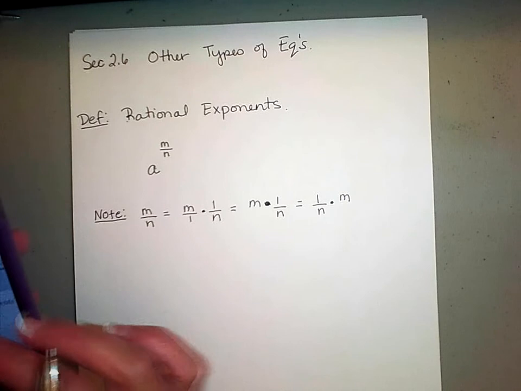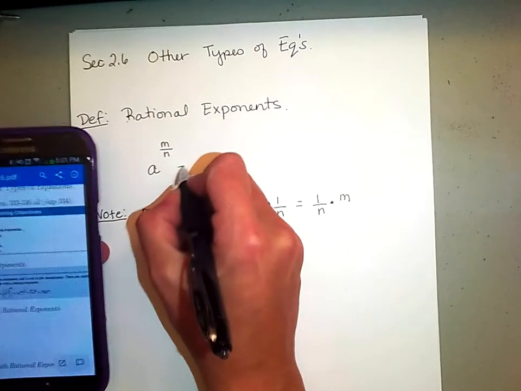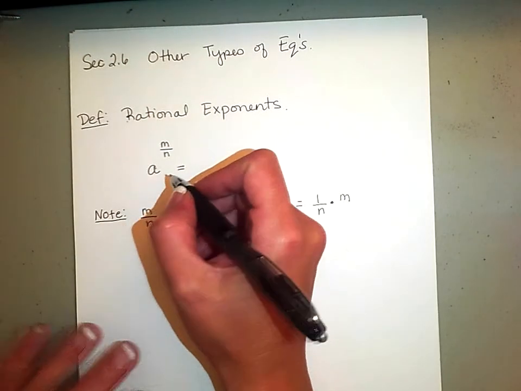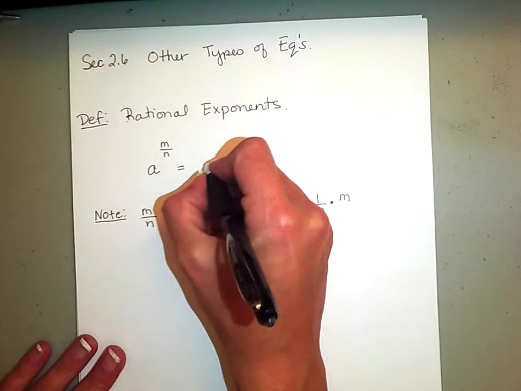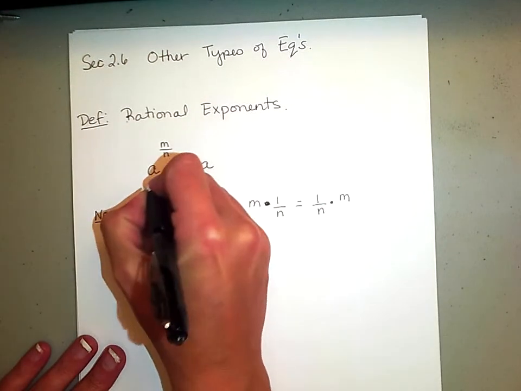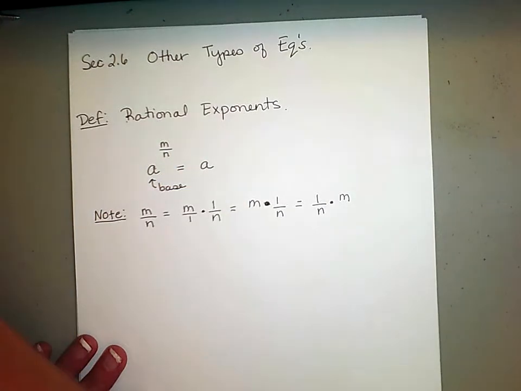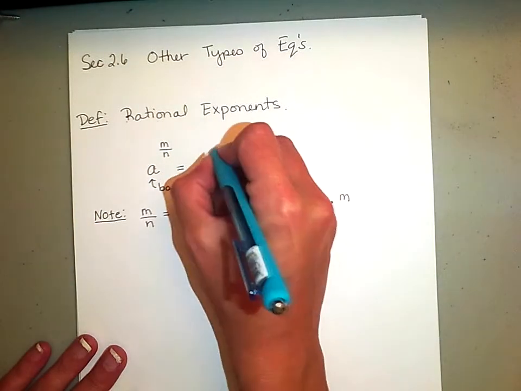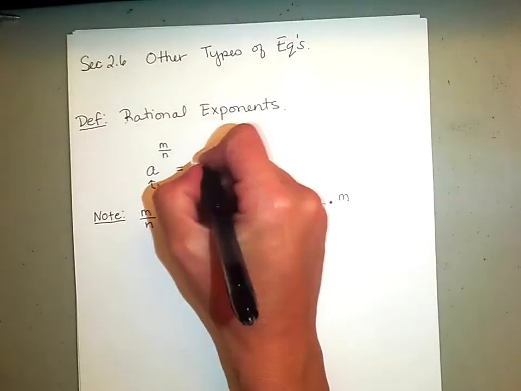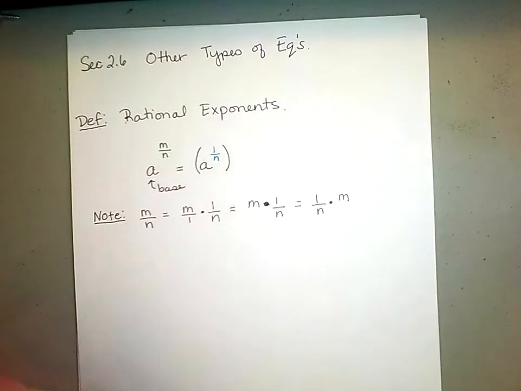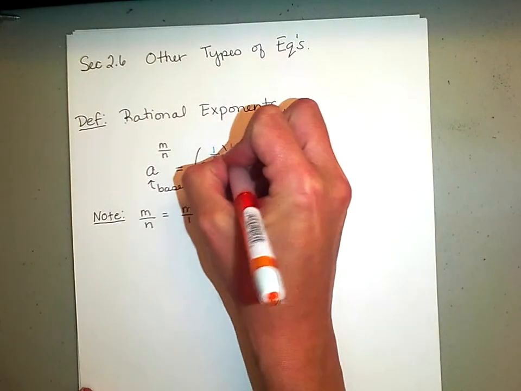And why that's important to us when we're dealing with exponents is that we could either take our base, a, this is our base, and first raise it to the 1 over n power, and then raise that to the m power.